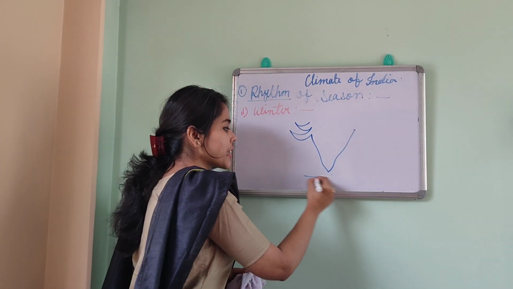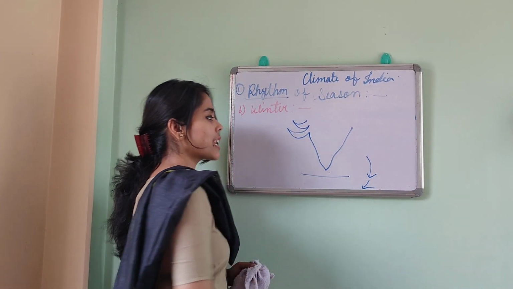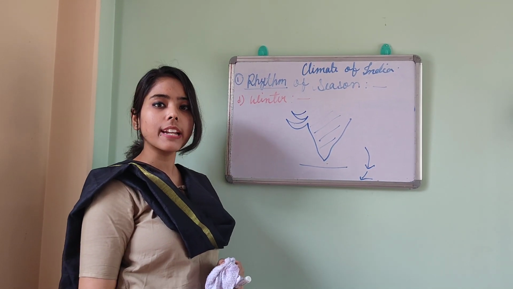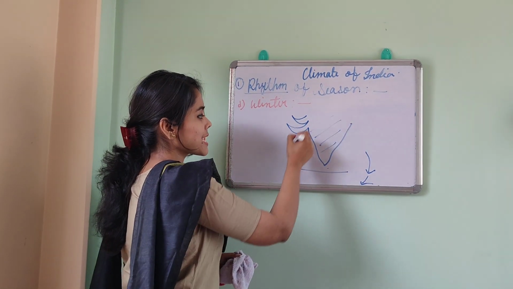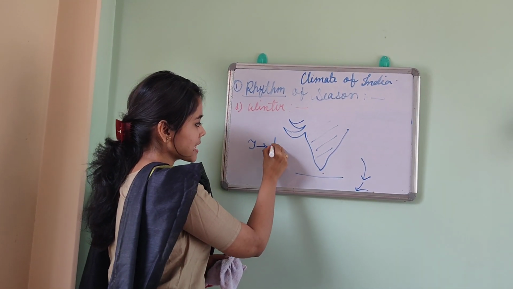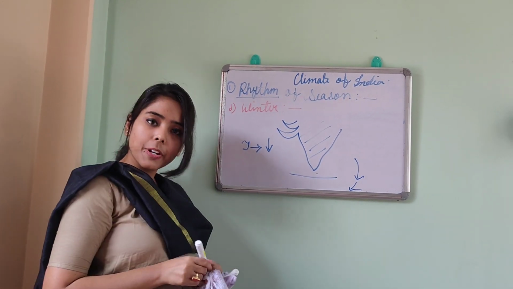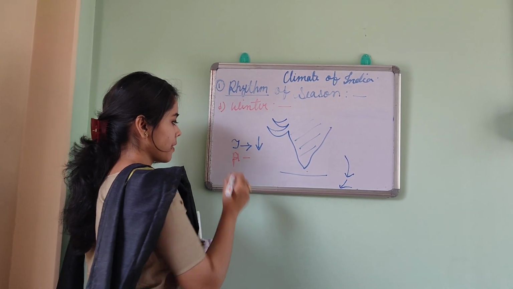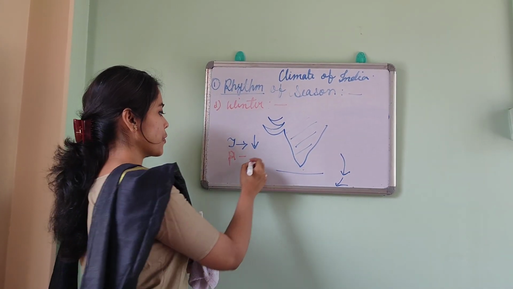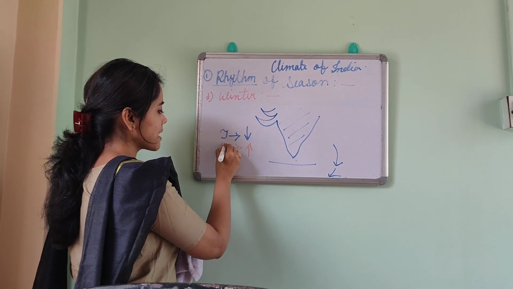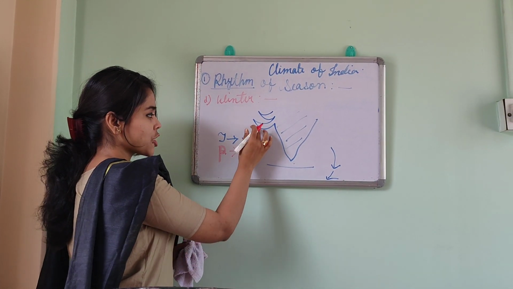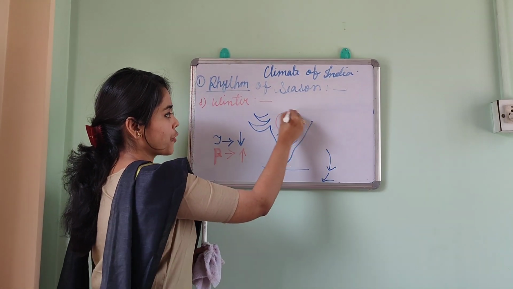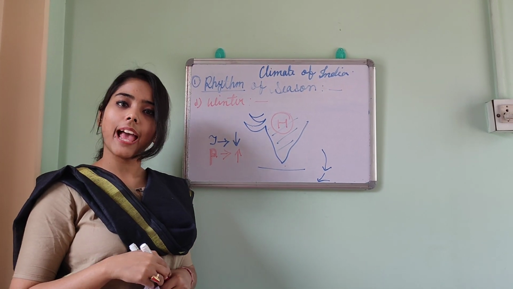So when the sun starts moving towards the southern hemisphere, automatically this region will not get that much heat, and the temperature will start decreasing. When the temperature is decreasing, the pressure will be more, because we know there is an inverse relationship. When temperature is decreasing, pressure is increasing. That's why here on the land surface, the high pressure belt will appear.